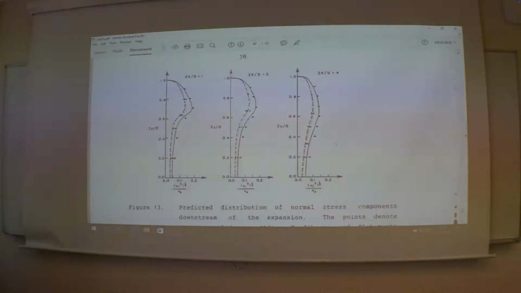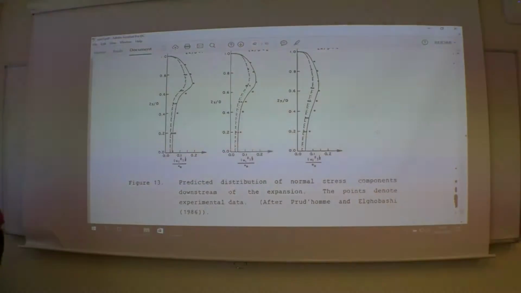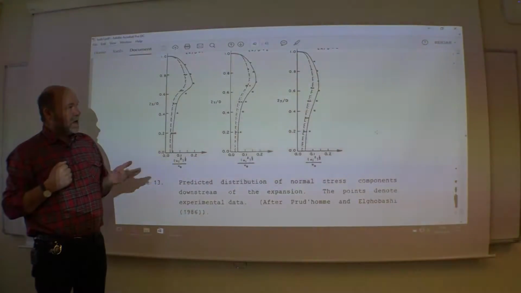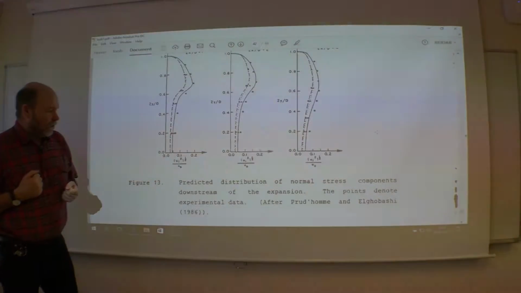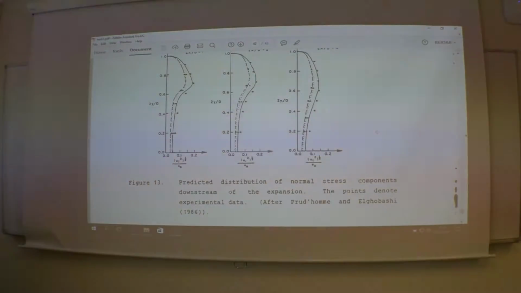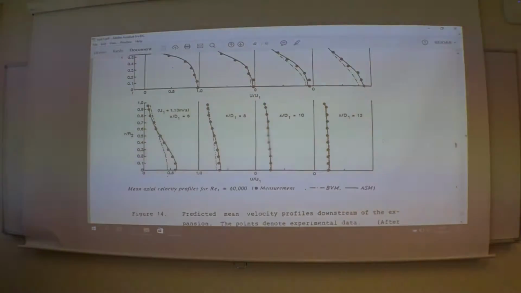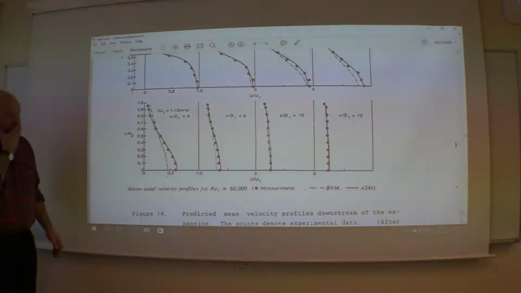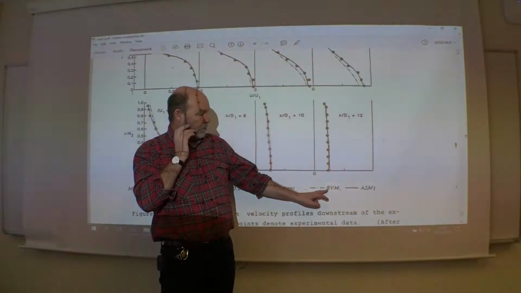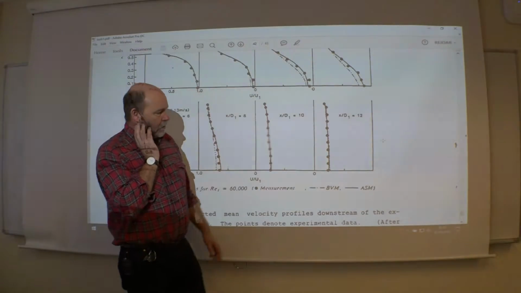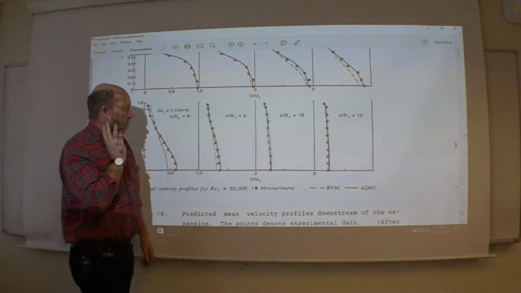I think they have some results here, they have simulated here using the K epsilon, and then they have switched on the ASM model. Well here, yeah, this was experiments actually. But here you have some simulations. BVM, that should be the K epsilon model, and then the algebraic stress model.